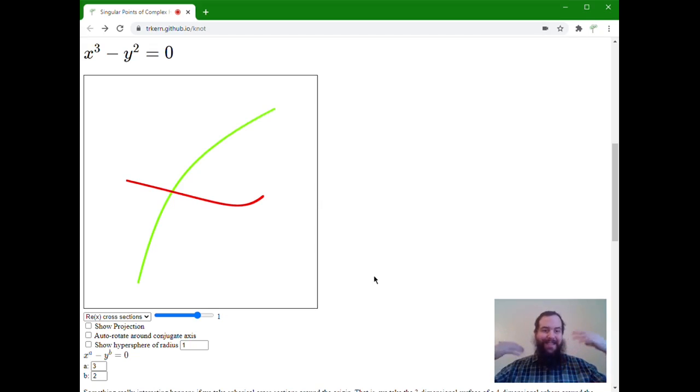So let's think about what it is that we're looking at in the first place, right? x and y being complex numbers means that they consist of both a real and imaginary component. So each of these variables actually has two real variables inside of them. So overall, the space is four-dimensional, right?